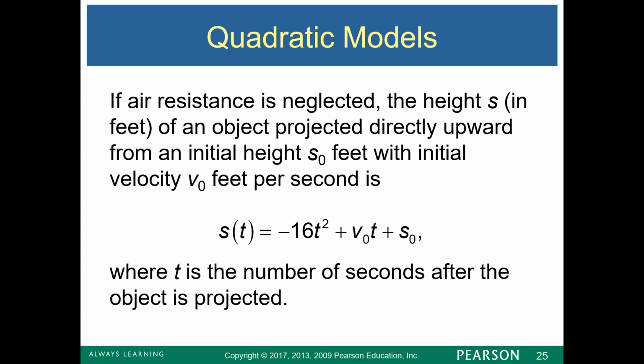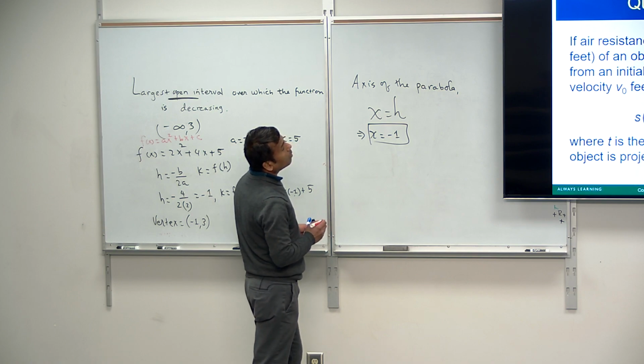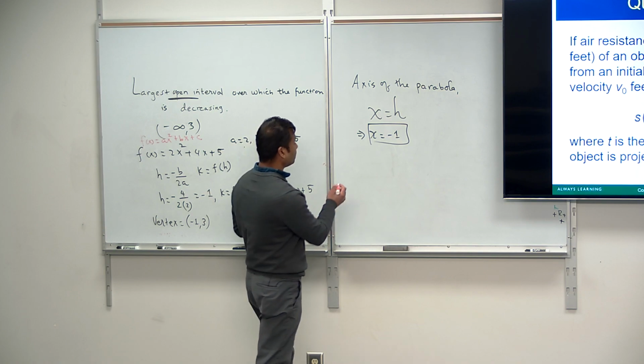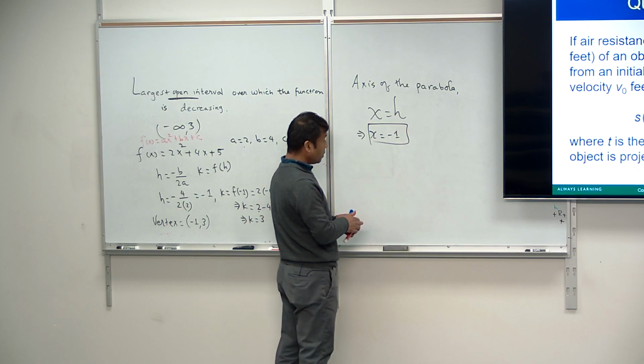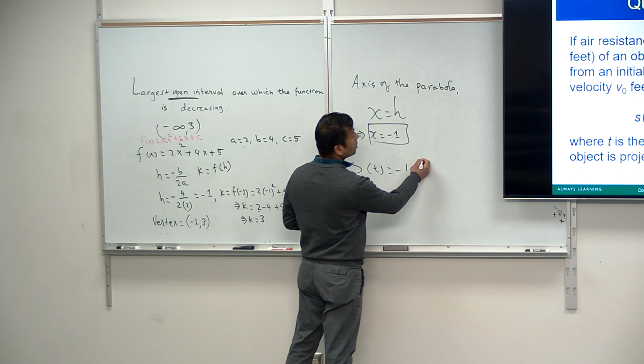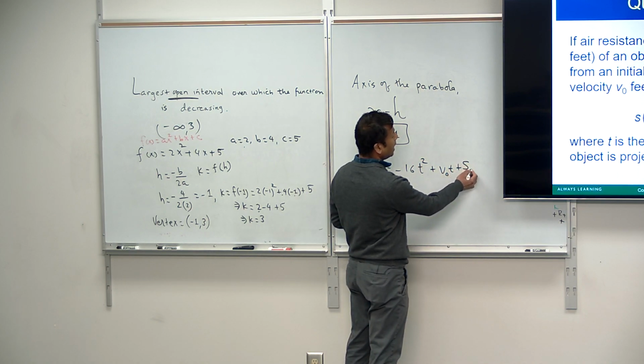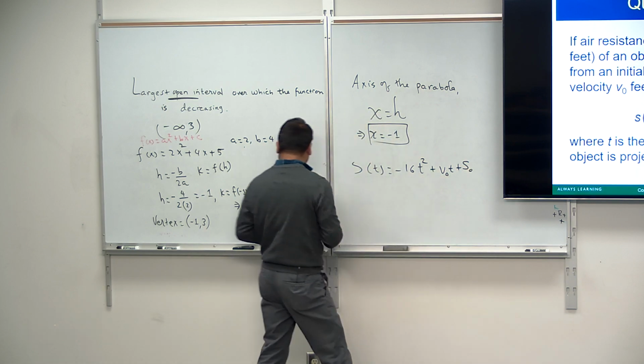So s(t) is the height. So you have s(t) equal to negative 16t squared plus v0 t plus s0. So this is the initial height.